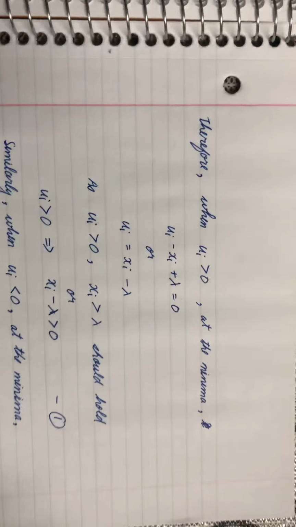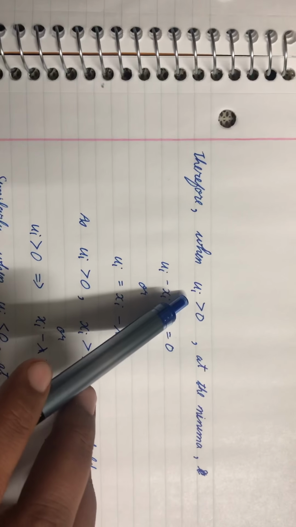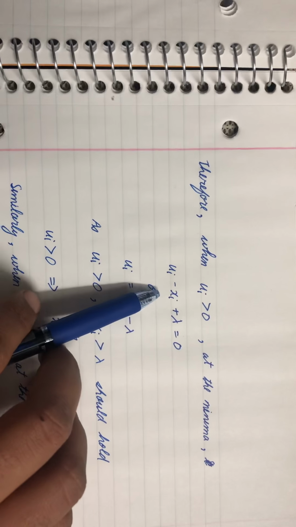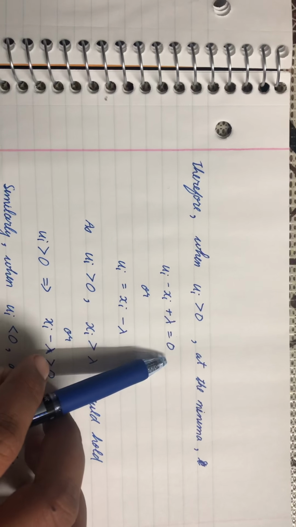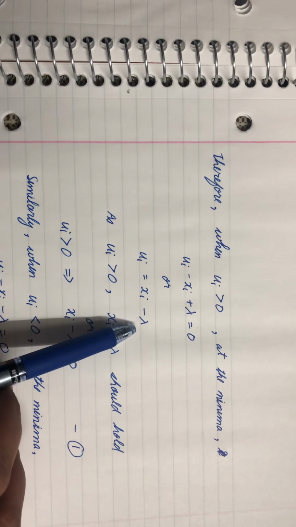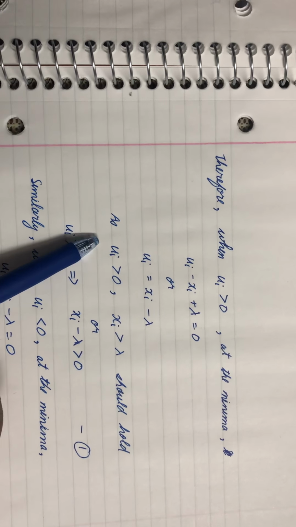So for the equations that we derived earlier, when ui is greater than 0 at the minima, it becomes ui minus xi plus lambda equals 0, or we can write it as ui equals xi minus lambda.